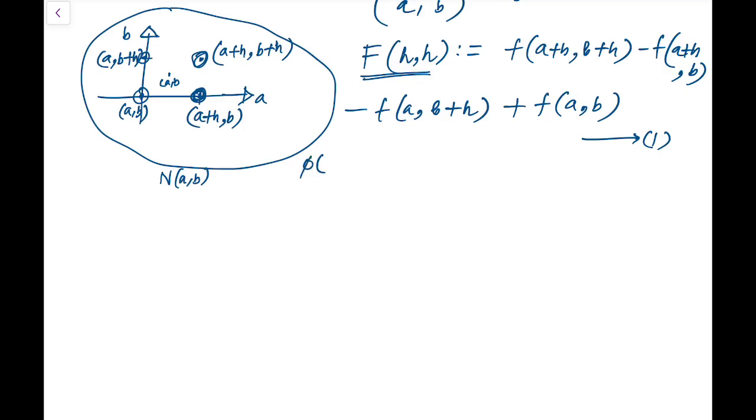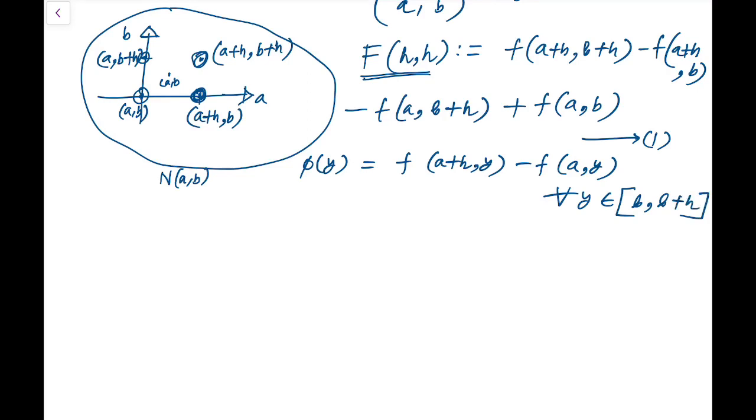Now if we define phi of y is equal to f of (a plus h, y) minus f of (a, y) for all y belongs to [b, b plus h], then what we can tell, F of (h, h) is equal to phi of (b plus h) minus phi of b, right?